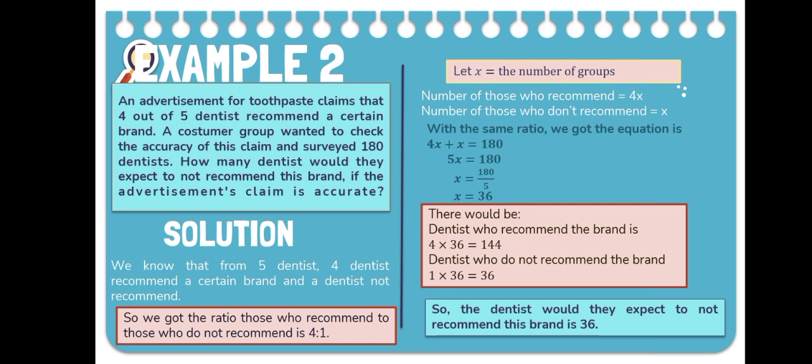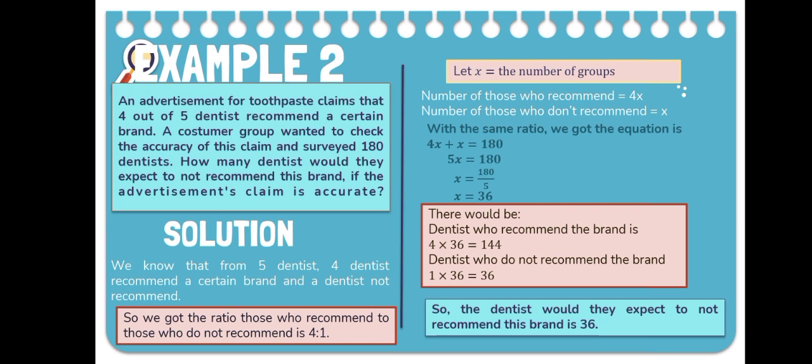To find x, we have to divide both sides by 5. 5x divided by 5 equals x, and 180 divided by 5 equals 36. So x equals 36. The number of dentists who recommend the brand is 4 times 36, which equals 144.